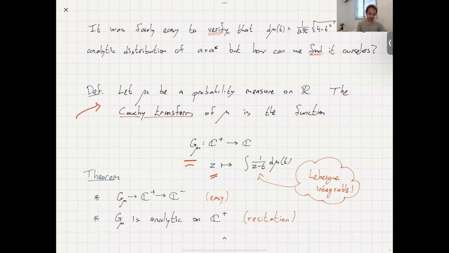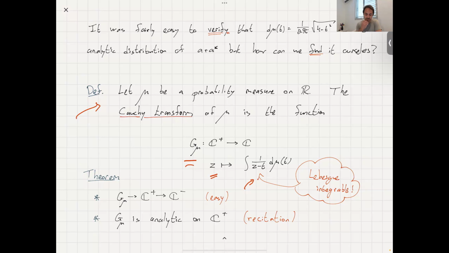A point z in the upper half plane is mapped to this value. Namely, you integrate the function 1 over z minus t, with respect to t according to the measure mu.